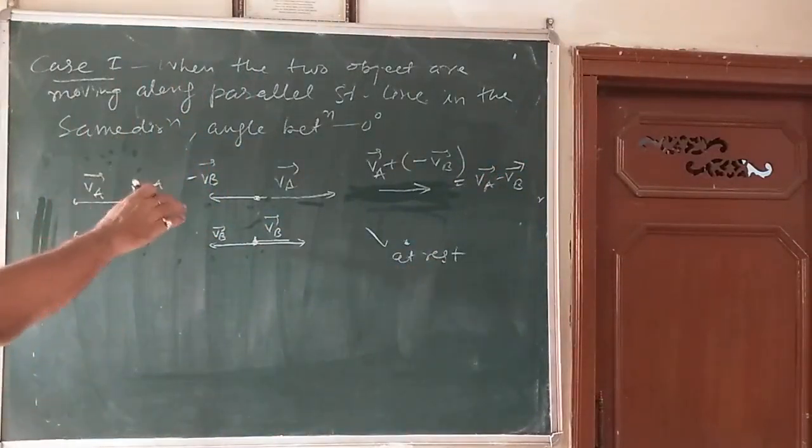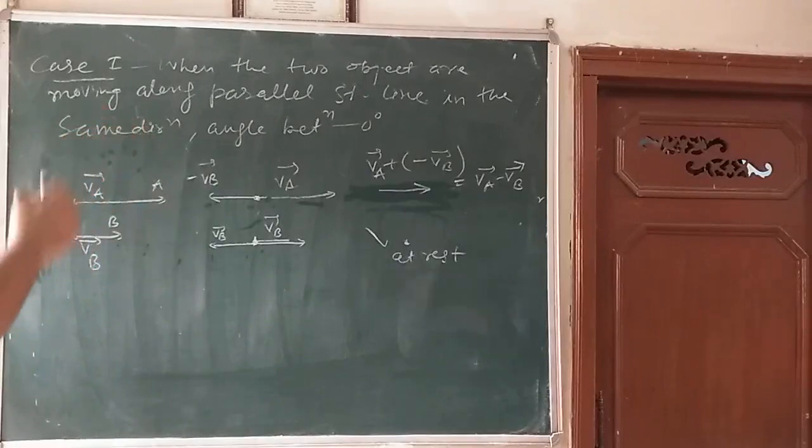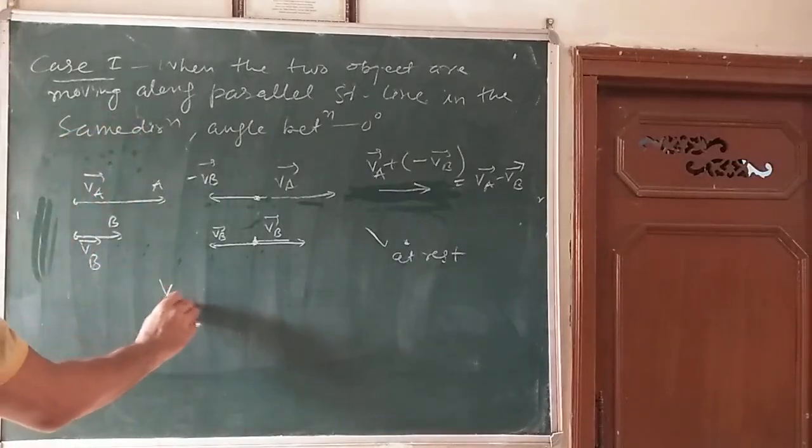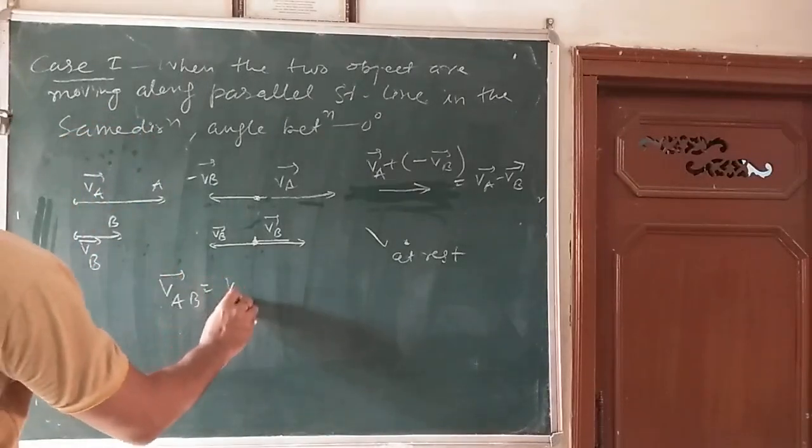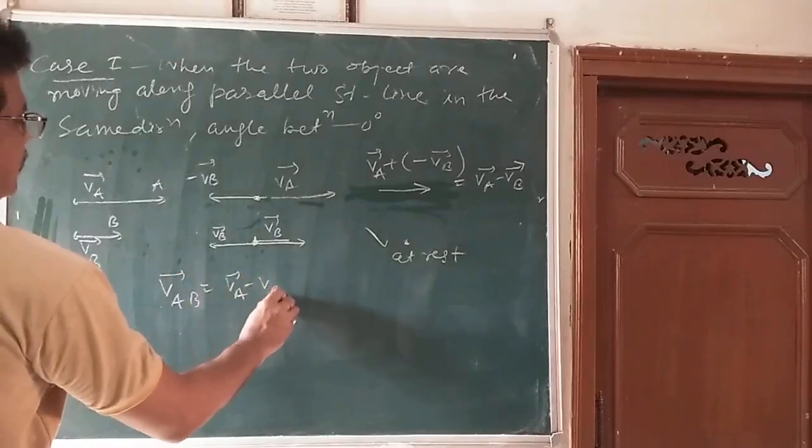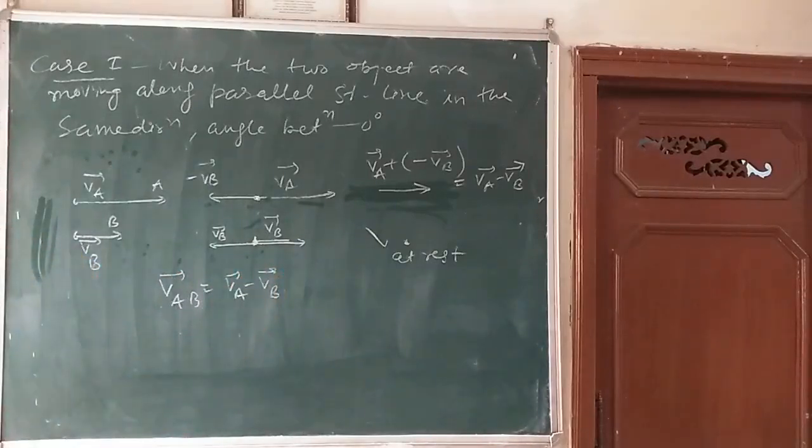So the relative velocity of object A with respect to B is given by VAB is equal to VA minus VB, like this.